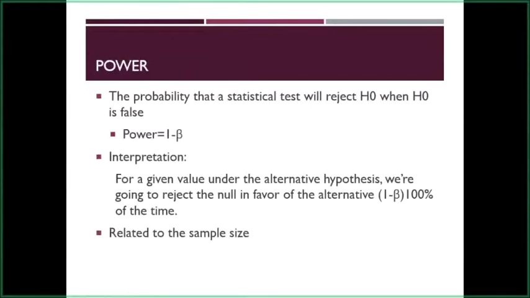The power is the probability that a statistical test is going to reject the null when, in fact, the intervention works. And the interpretation, it's important to note, is specific to a given value under the alternative hypothesis. So you can't say, globally, we have 80% power. You have to say under certain conditions and tell people what those conditions are. And that's related to the sample size.